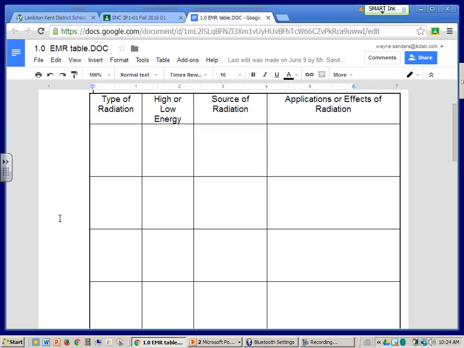Sources of radiation. Well, it's electrons, and I'll say this again a little slower for you to write down. Electrons vibrating or wiggling in transmission towers. All right?